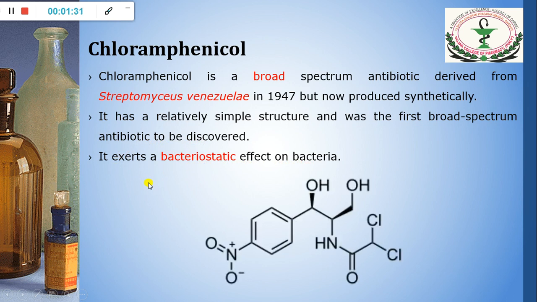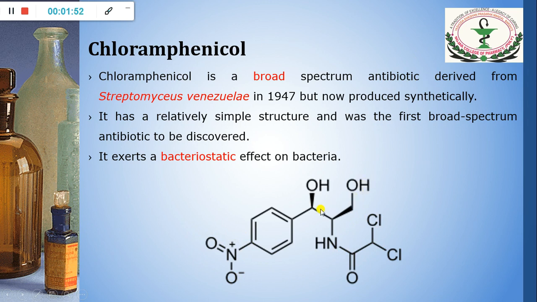This is the general structure of chloramphenicol. You can see here the para nitro group and the COCHCl2 group, and these groups are required for the activity.